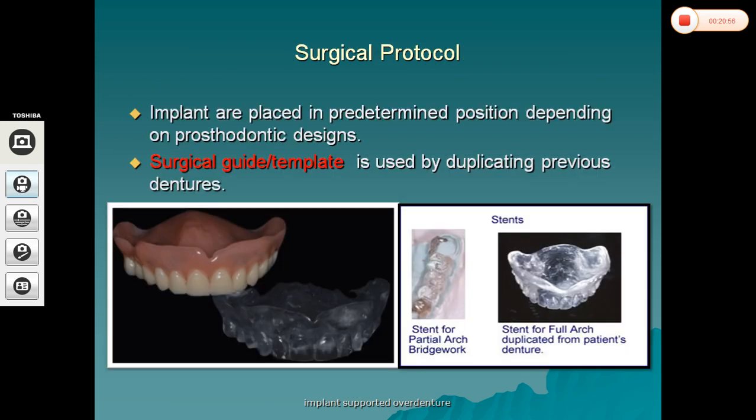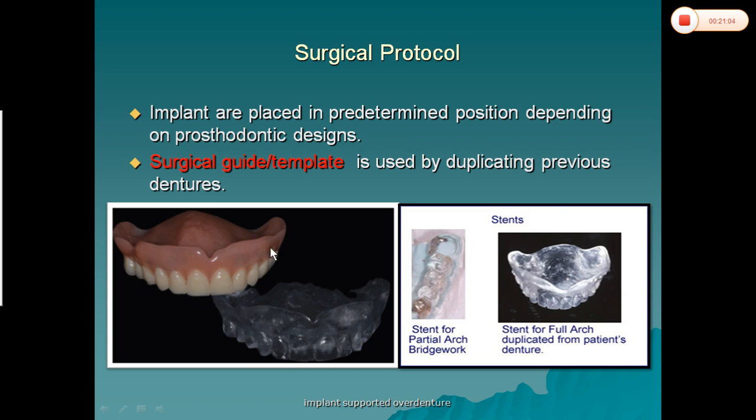Now, coming to how the surgery is proceeded. First, as we discussed previously, the old dentures are evaluated. From the old denture, they are duplicated and we make a template or guide. This guide helps us in positioning of the implant. So, old dentures are duplicated and surgical template or surgical stents are prepared.